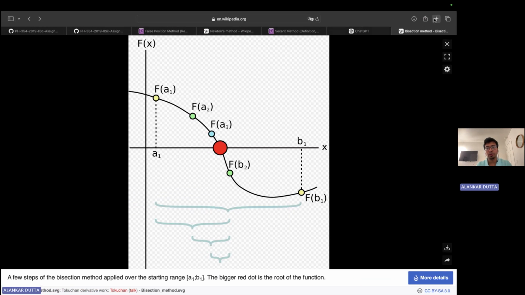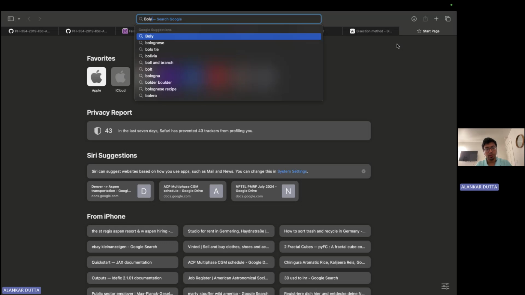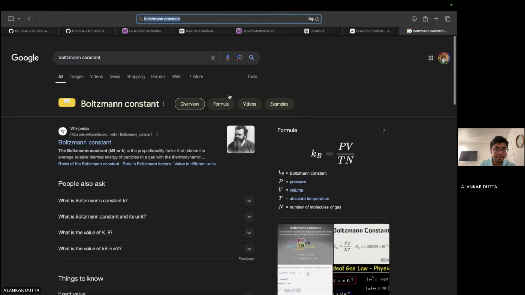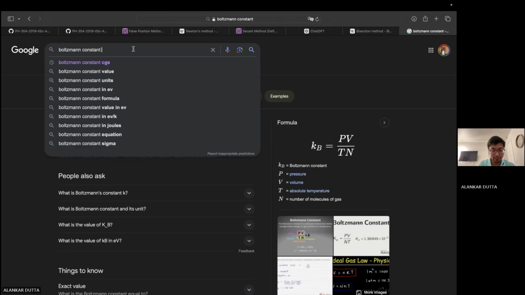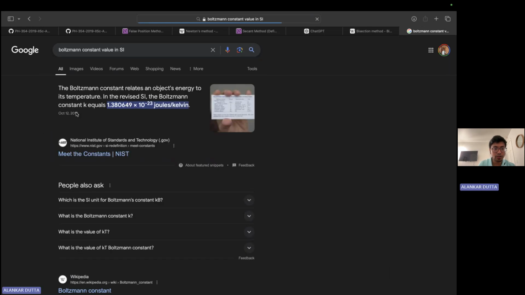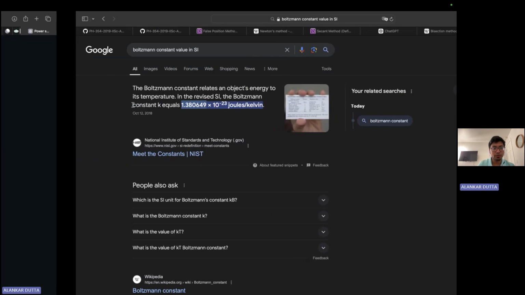So let's look at the value and copy it from Google. This is the Boltzmann constant, in SI units is what I want. Just copy this value blindly.